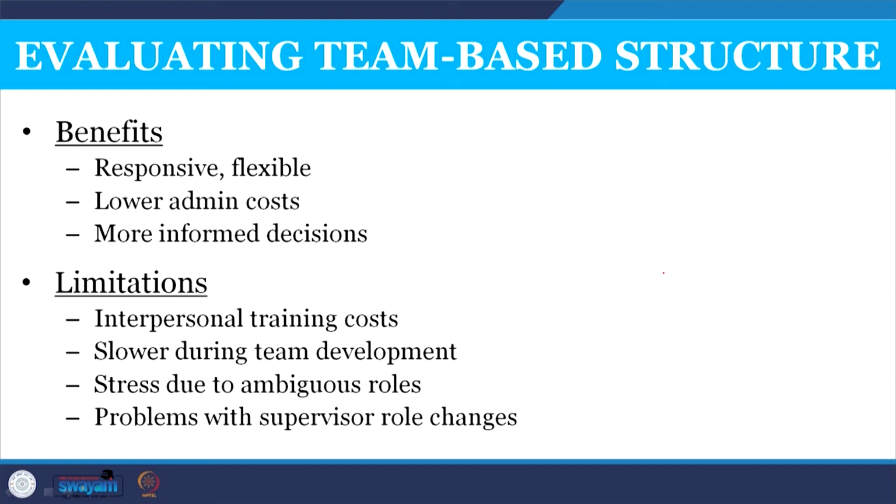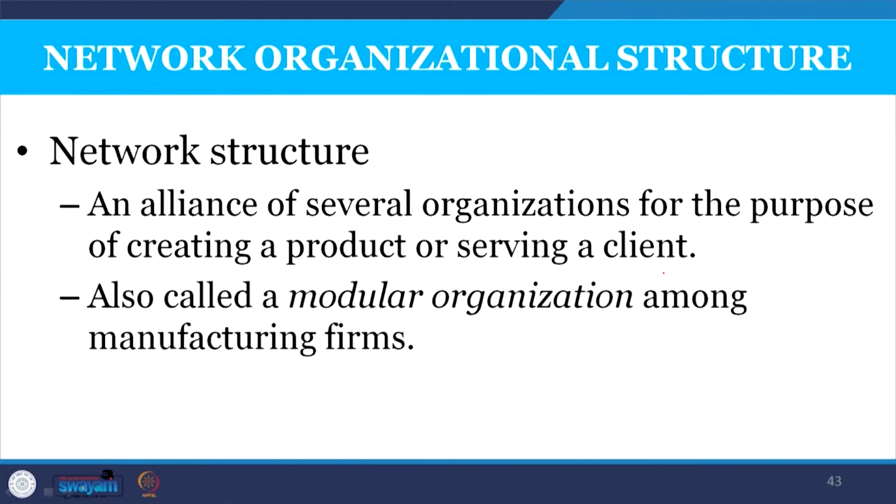Team based structures are responsive, flexible, with lower administrative cost and more informed decisions. Limitations are interpersonal training cost, slower performance during team development, stress due to ambiguous roles, and problems with supervisor role changes.